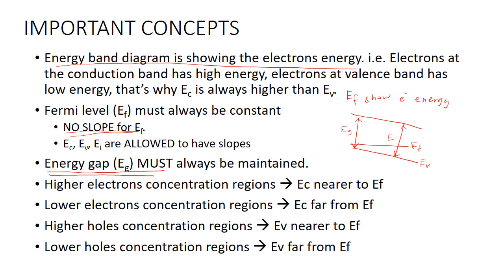Jadi jarak antara EC dan EV kenalah maintain. And then you will have high electron concentration region, EC nearer to EF, lower electron concentration, EC jauh daripada EF, high hole concentration, EV dekat dengan EF, and lower hole concentration, EV jauh daripada EF. Ini saya dah terangkan dekat slide yang awal tadi.